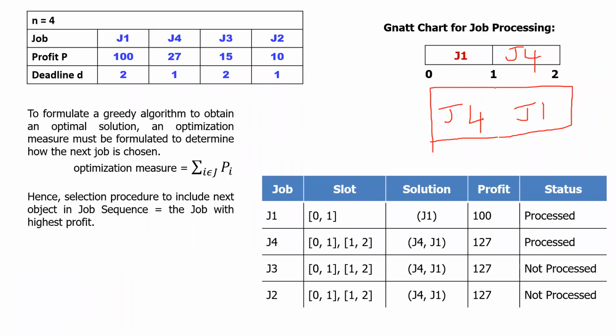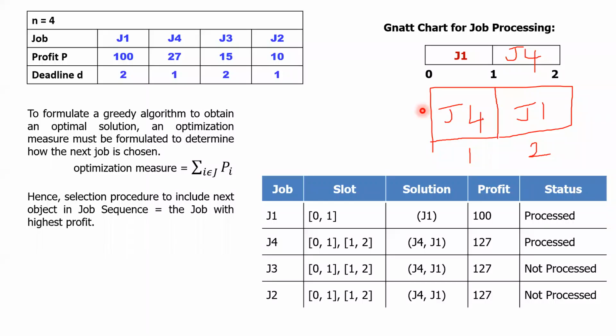I'll finish the first job and the fourth job, but the order of processing is J4 comma J1. If I put the order like this, then I'm satisfying the constraints. J4 is completed within the first time unit. J1 is completed before the second time unit. So this is a feasible solution.